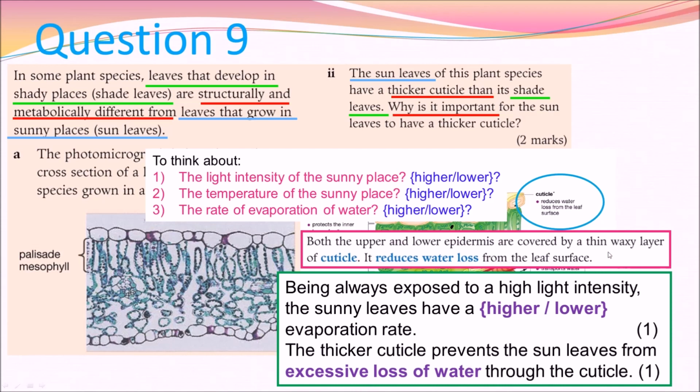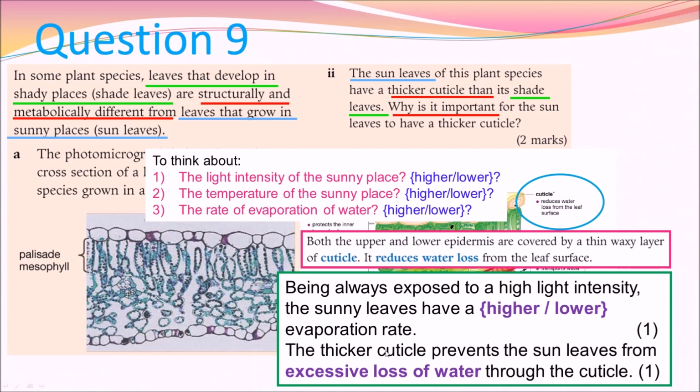And then for the second statement, it's given that the thicker cuticle can prevent the sun leaves from excessive loss of water. Now remember, it's talking about reduce water loss. Reduce water loss is correct. Prevent excessive water loss is also correct.